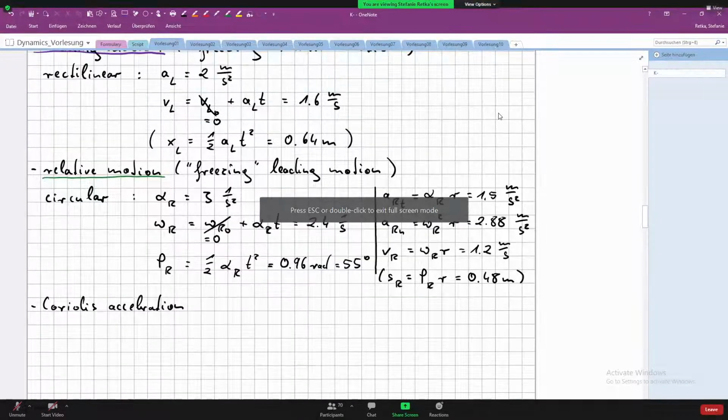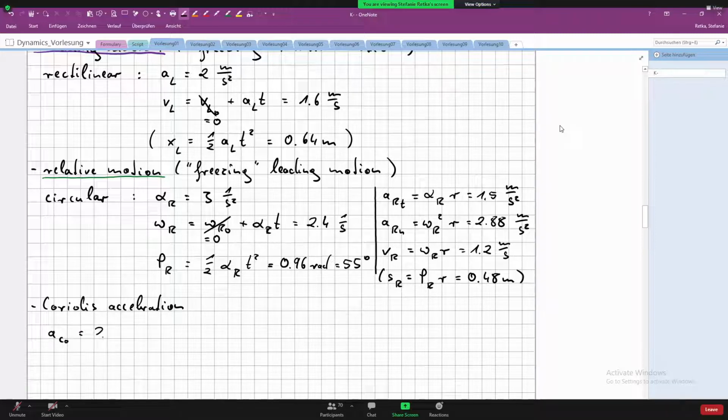Okay, Coriolis acceleration. Well, in general, the Coriolis acceleration is 2 omega L VR, but in our case, it's 0.